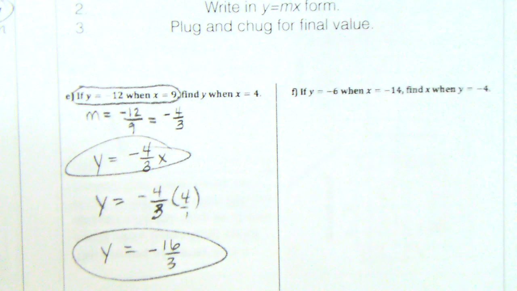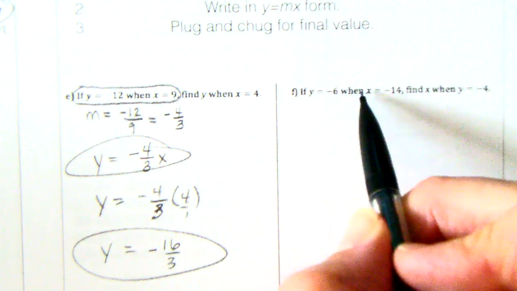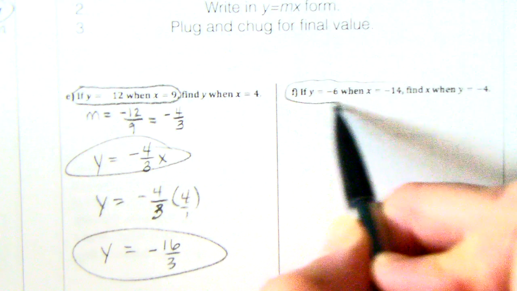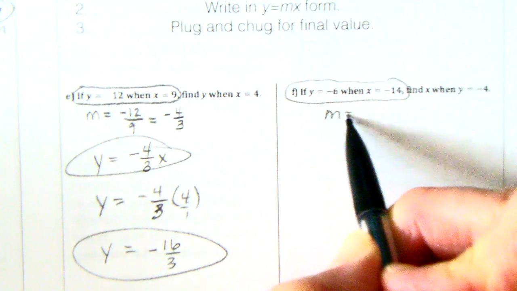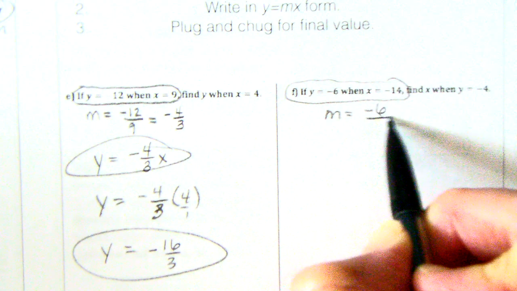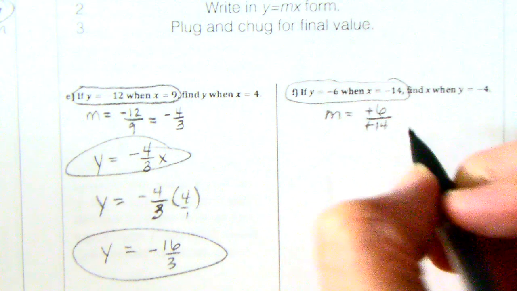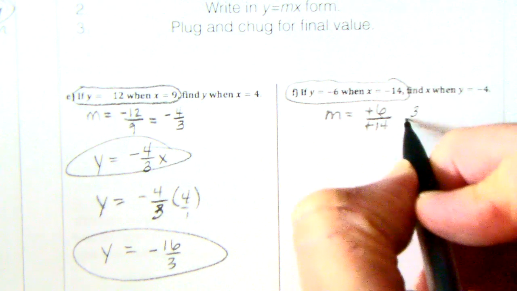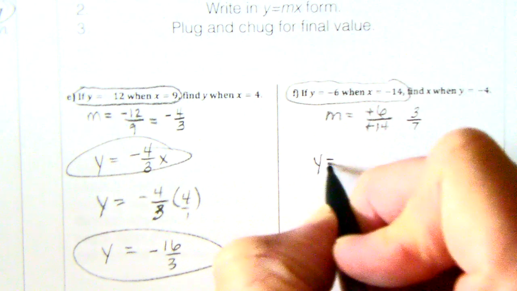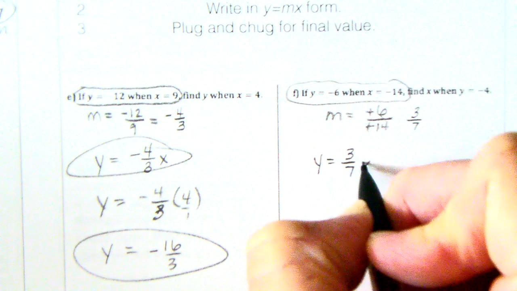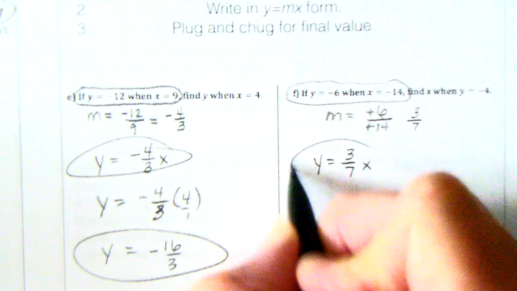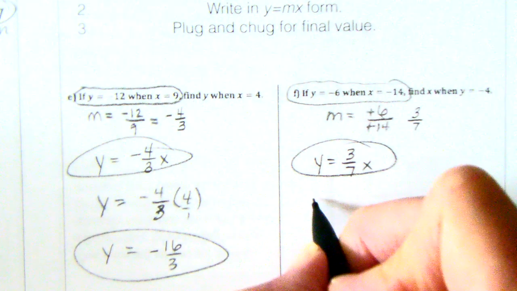Okay, take a look at this next one. If y equals negative 6 when x is negative 14. So here's our example. Find our constant. Negative 6 over negative 14. Well, it's going to be positive. And then I take out a 2, I get 3 over 7. So y equals 3 over 7 x. Find x when y is negative 4.